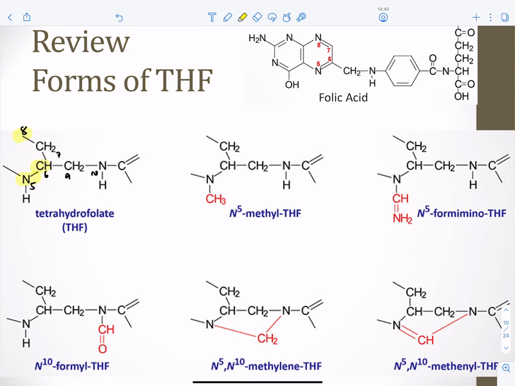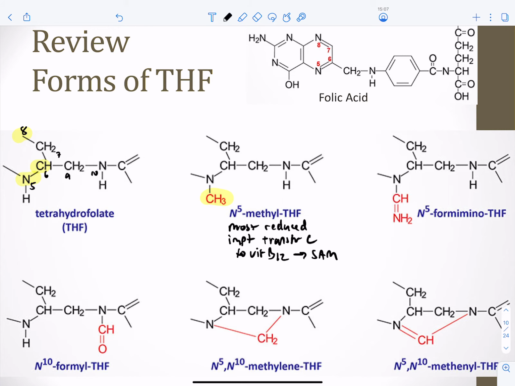And that's the 4 hydrogens that give it this name, tetrahydrofolate. N5 methyl tetrahydrofolate is the most reduced, and it's also important to transfer to vitamin B12. And this again eventually will form SAM.